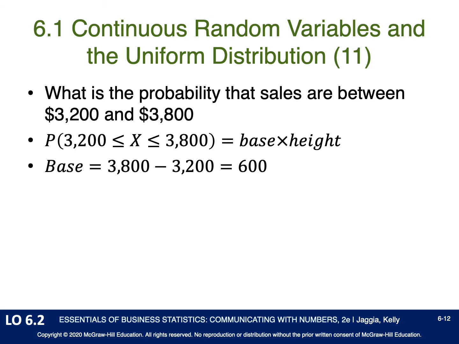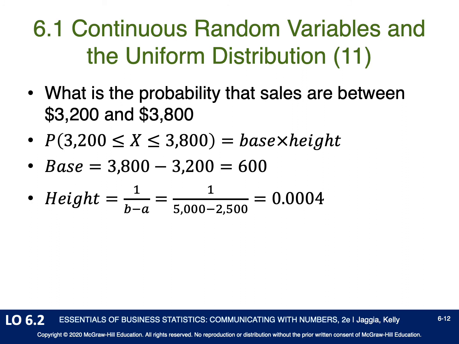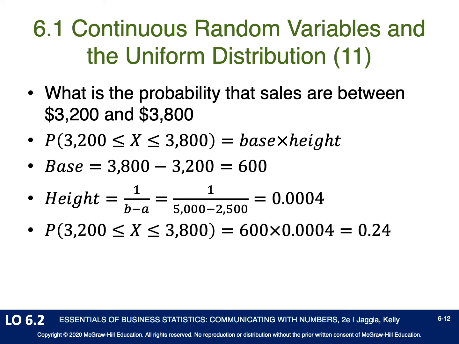Our height we already calculated. Remember, it's that 1 divided by the upper limit minus the lower limit, which was 0.0004. So now I can say 600 times 0.0004 tells me that there is a 24% probability that sales will fall between $3,200 and $3,800.